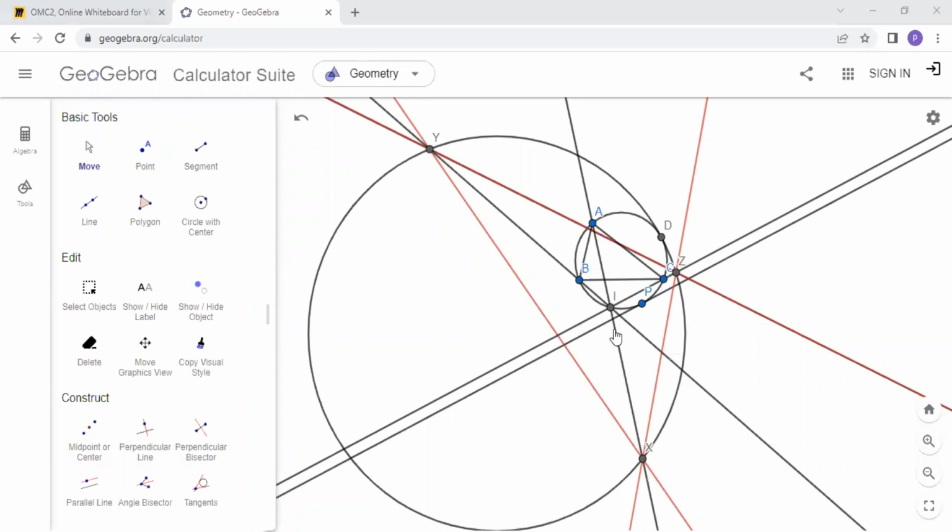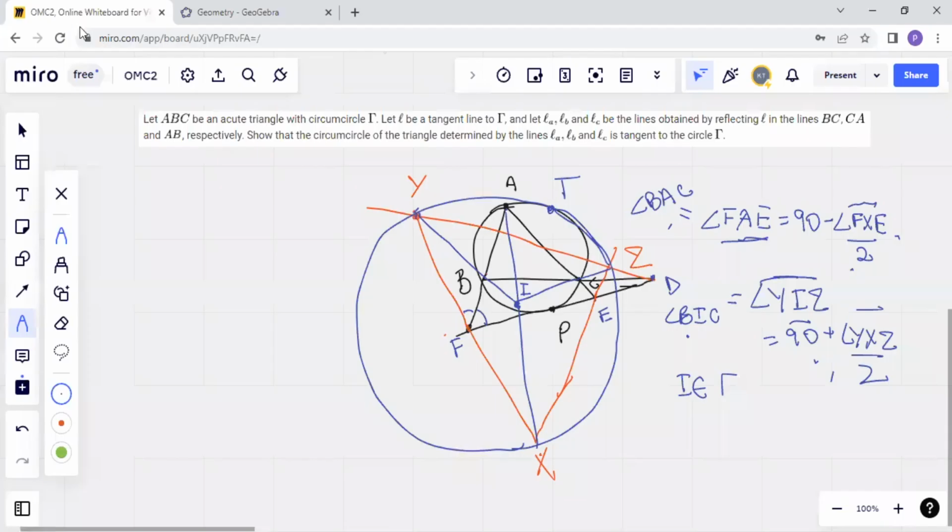Now you can explore more, maybe add a few more helpful points and see some nicer angles. Just try.